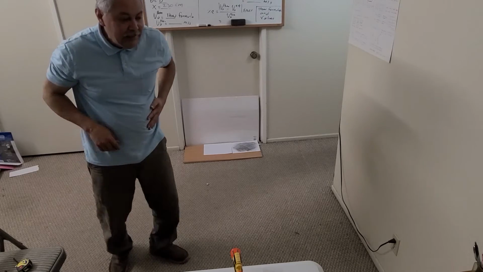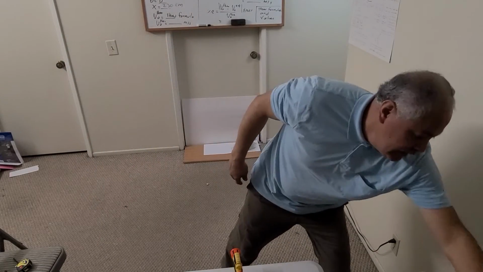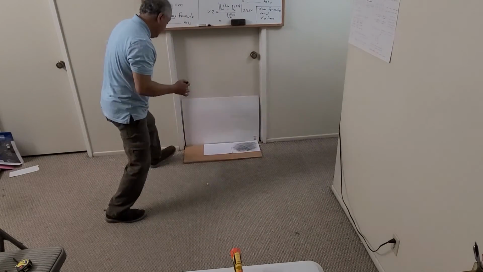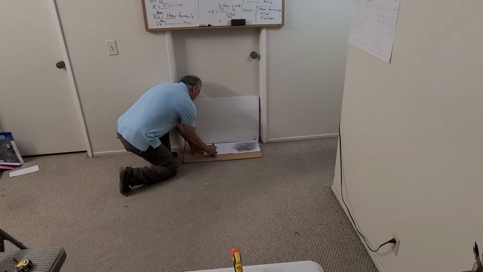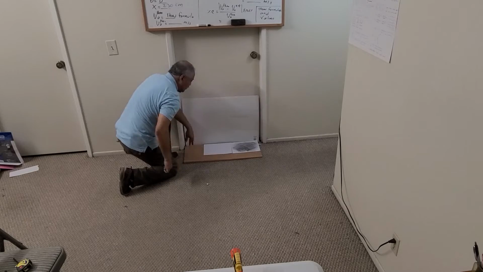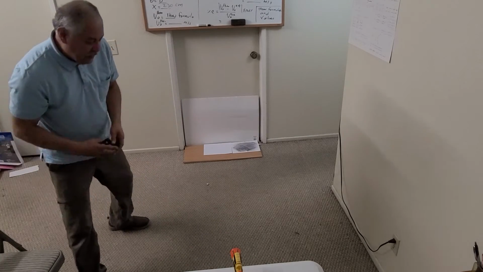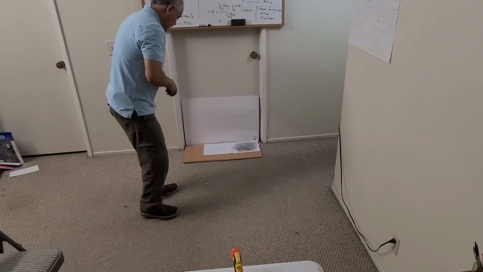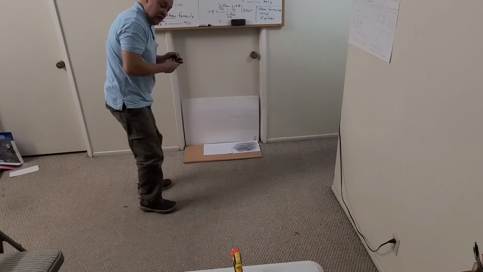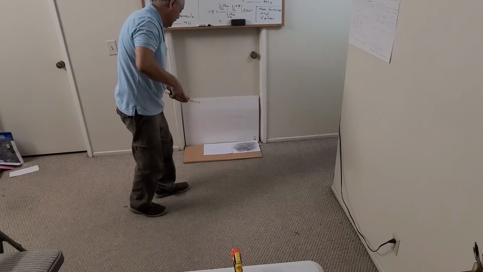I need a pencil. I found one right here. These are the impacts. Let's take only these two for simplicity. Now let's measure the distance from those impacts to the initial position.